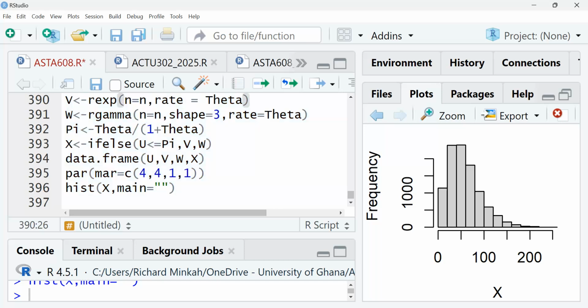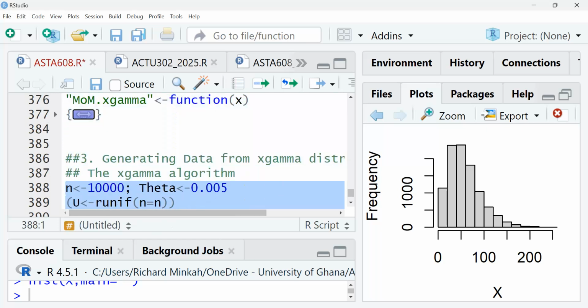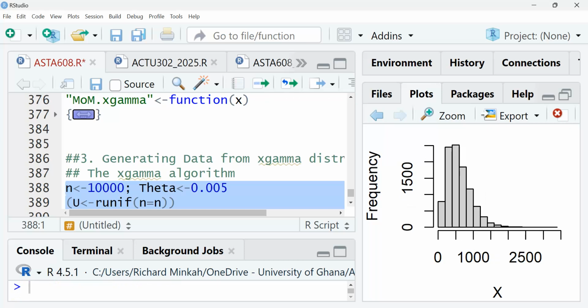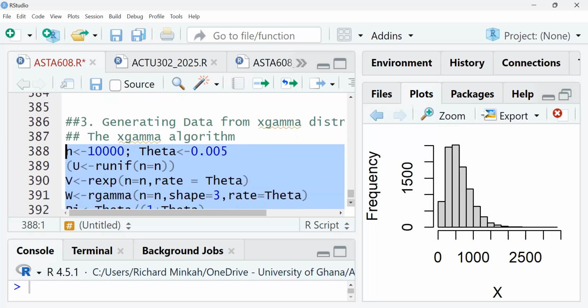Let's say like claims. And we can change theta to a particular value that's small. So let's say I use 2, which means the mean will be 0.5.